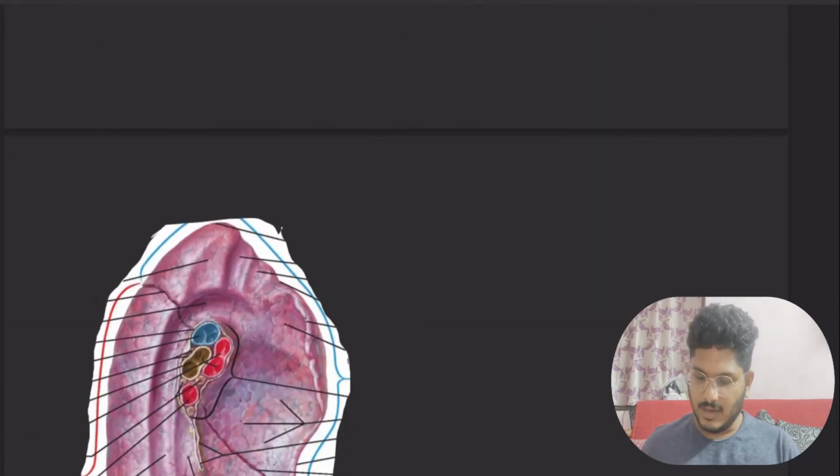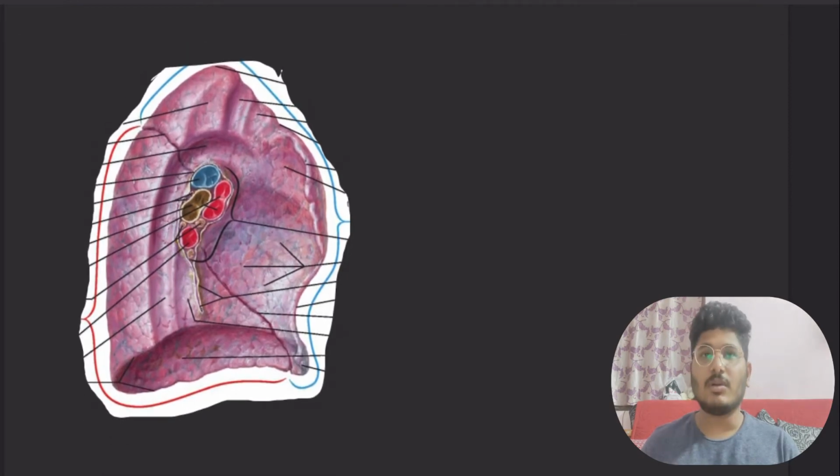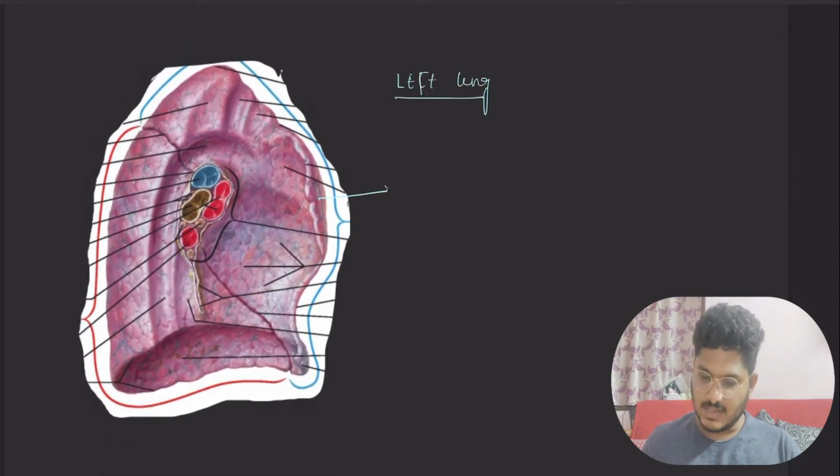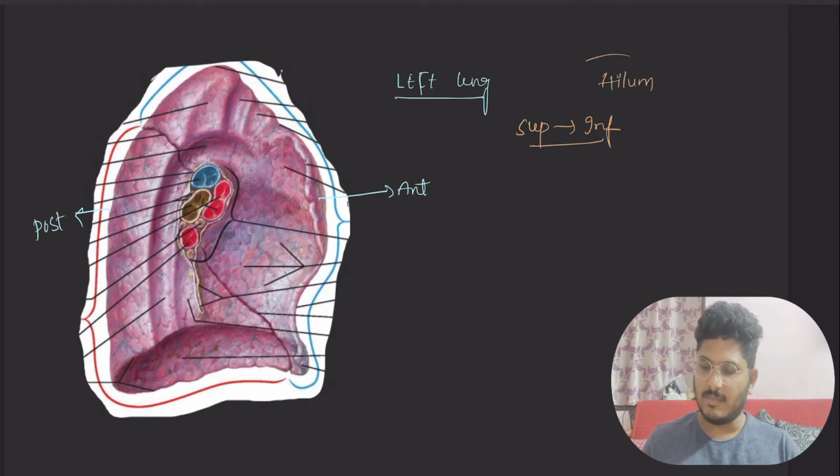And if we talk about the left lung, here this is the anterior surface and this is the posterior surface of the left lung. Superior to inferiorly, the hilum of the left lung relations: the hilum of the left lung has superiorly the blue color one, in the middle the bronchi, and inferiorly the red color one.